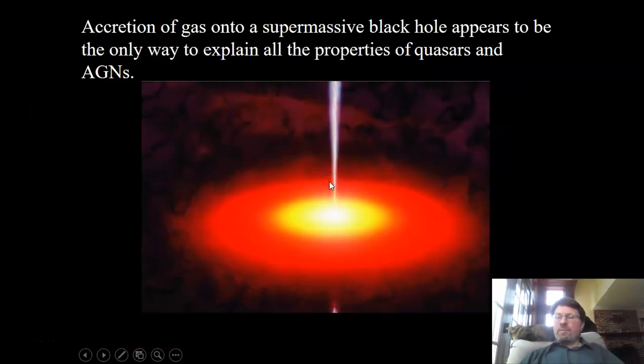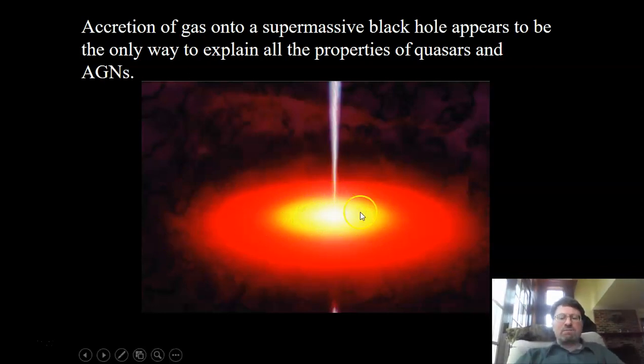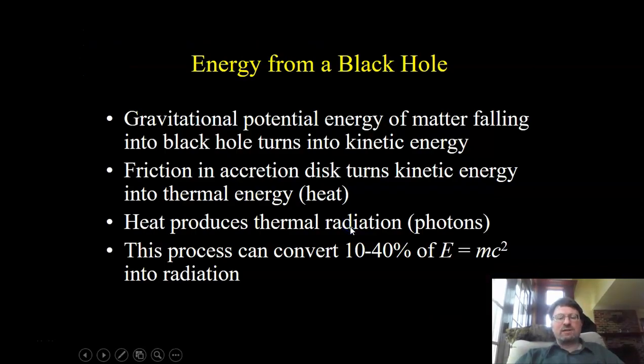So let's talk more about how accretion of gas onto supermassive black holes can explain these very energetic quasars and more generally active galactic nuclei. What you have is material that can fall down onto a black hole, creating an accretion disk, and then material is favorably shot up along these jets perpendicular to that accretion disk.